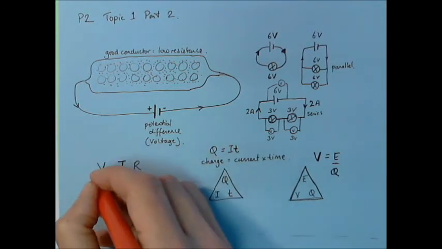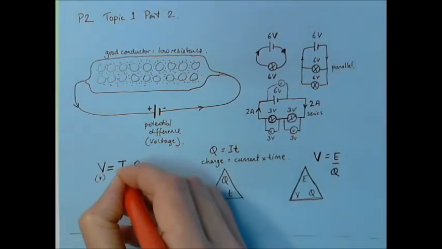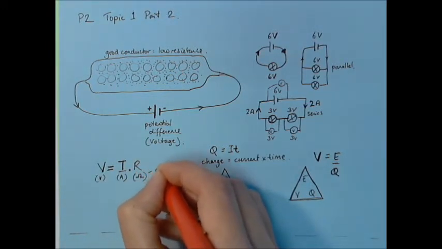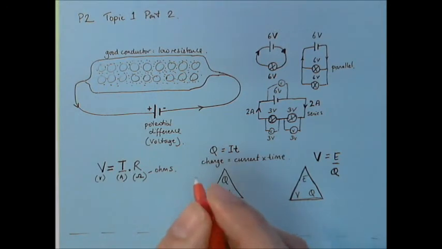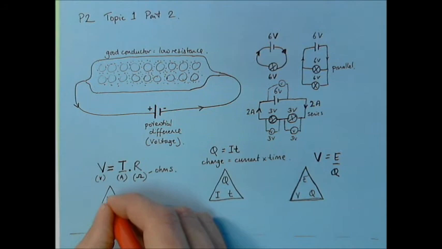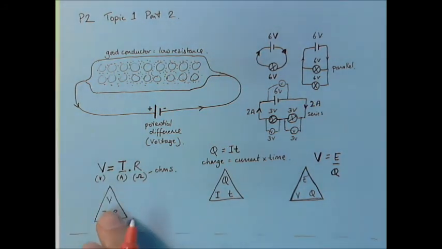In terms of units, we've got volts here, amps for current, and resistance is measured in ohms, O-H-M. And again, you might need to do some calculations with V, I, R, so you could rearrange to work out R. R is V divided by I, and so forth. I is V divided by R. I think we'll leave it there for now. I might just have a little go at components in the next section.